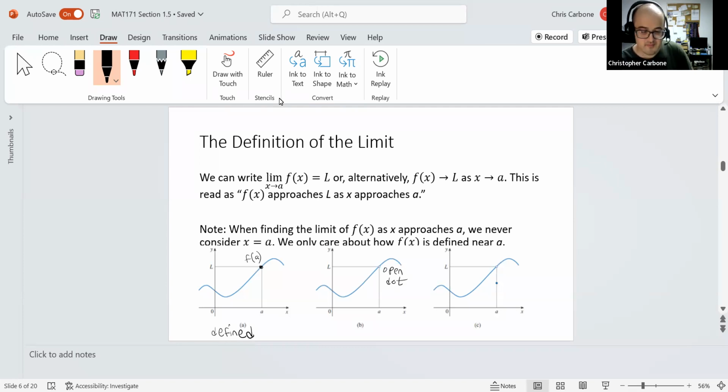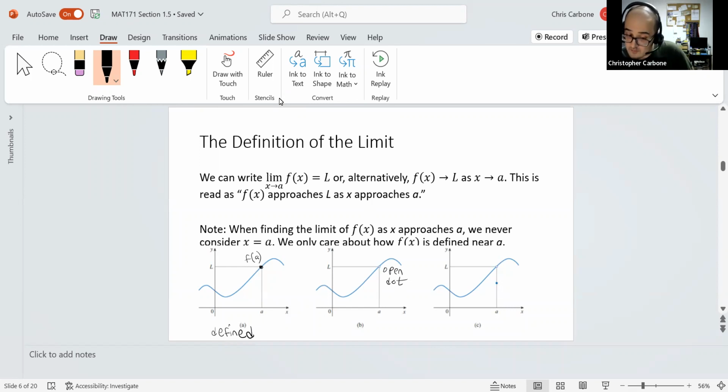An open dot. Well, if we were to take the limit from either side, we would approach that number, but due to the function, it never actually equals it. So despite the fact that this value does not exist in that particular sense, it's not defined at that number, the limit does indeed approach that.